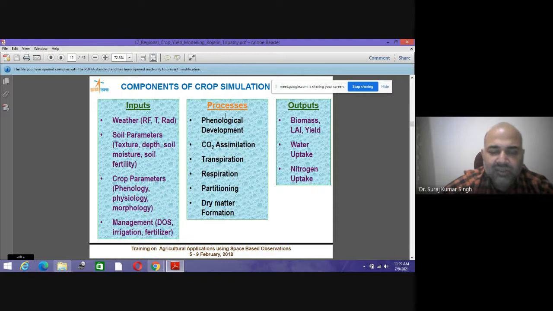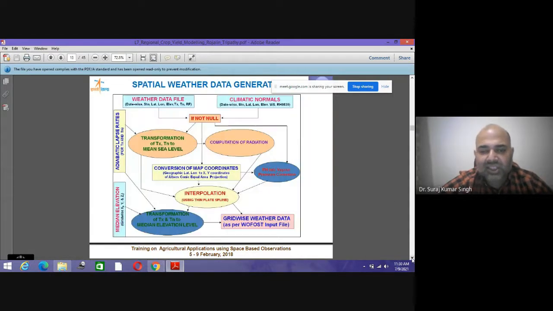The models will be taken into consideration, and finally, after doing all this modeling, you'll get an output related to what biomass is expected, what the yield is, what the leaf area index is, what the water intake required is, what the nitrogen intake required is.